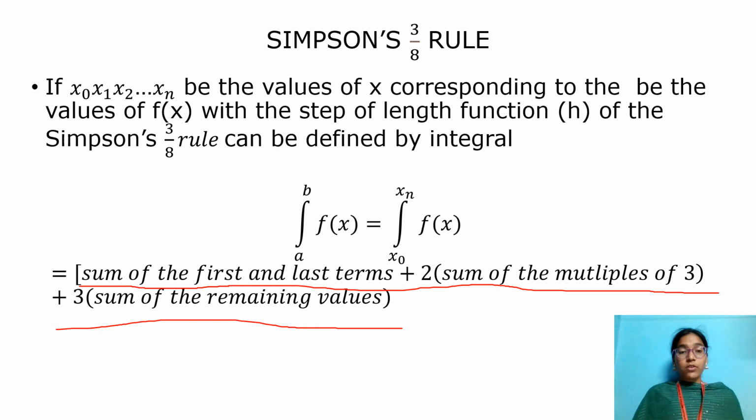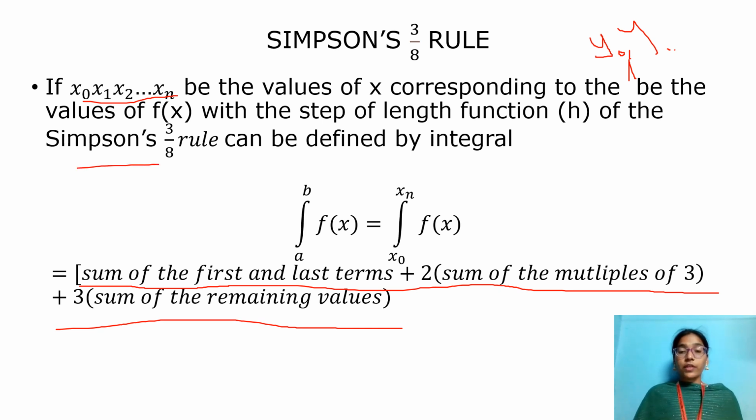The corresponding values of x0, x1, ..., xn with the values y0, y1 and so on up to yn of f(x) through a step length h, of the Simpson's 3/8 rule.